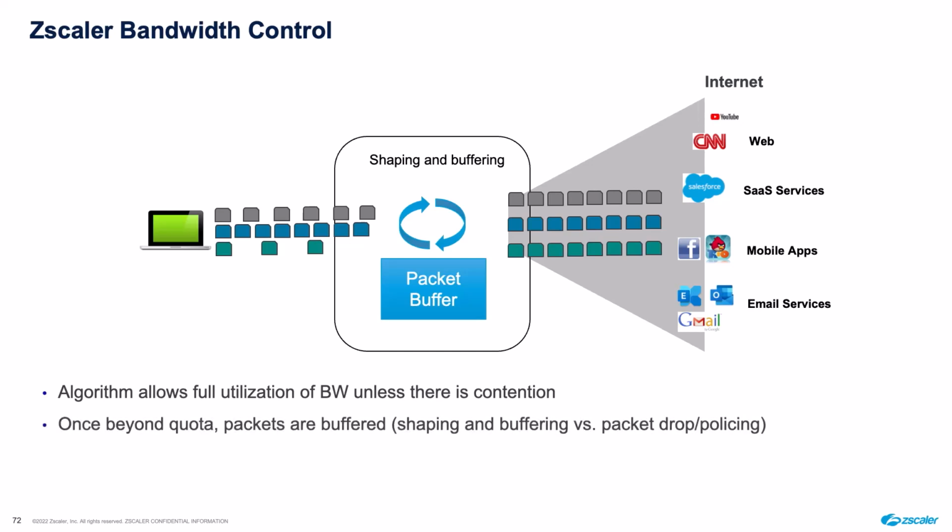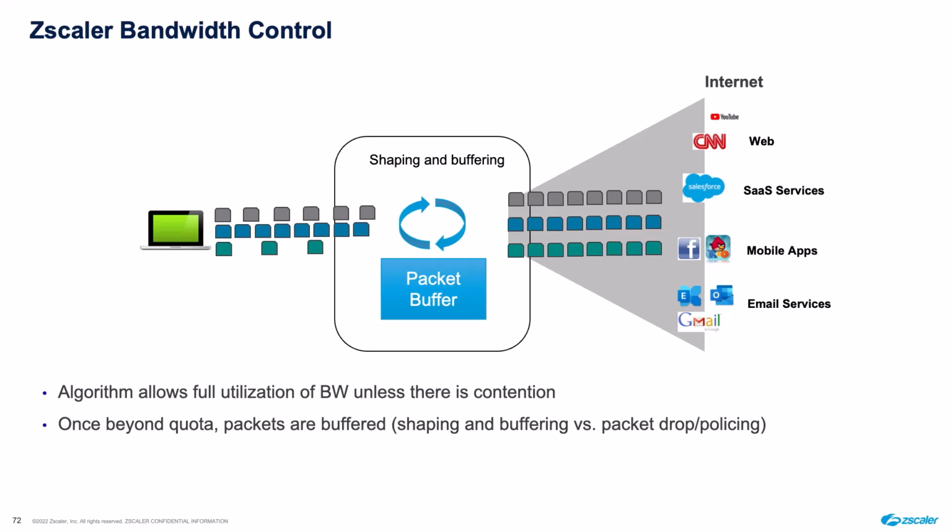And once a quota is reached, packets are buffered. So all the transactions to the internet, 99% of them, or even 99.9% of them, are HTTP and HTTPS based transactions, more of HTTPS SSL based connections. So when the TCP session is initiated from these end users through the locations connected to Zscaler data centers, Zscaler terminates that TCP connection.